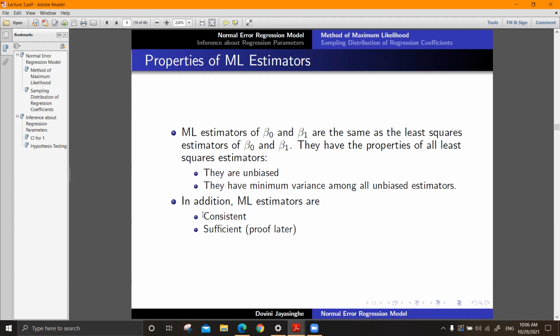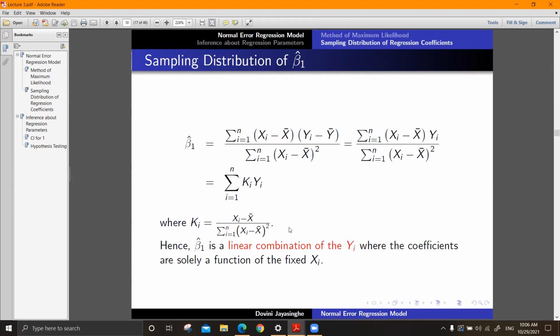When you keep on increasing the sample size, if that happens, we call it a consistent estimator. So you all have discussed this before in previous courses. So these are just the properties of ML estimators. And yeah, we are going to look at some more properties.